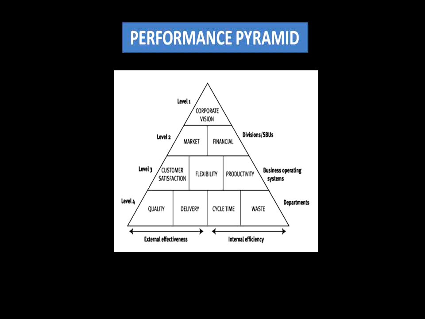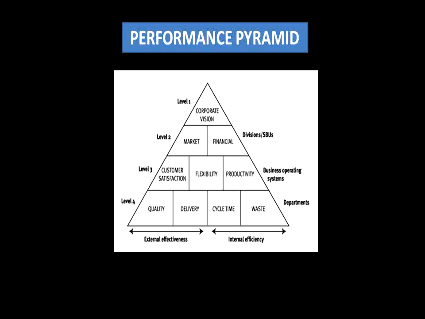After that, in level 3, market is linked with customer satisfaction and flexibility, because satisfied customers and a flexible approach according to changes in the desires of customers give the company a high market share. The more the company is flexible to the needs of the customer, the share of that company in the market will increase automatically.